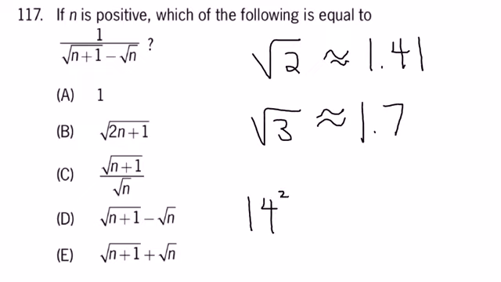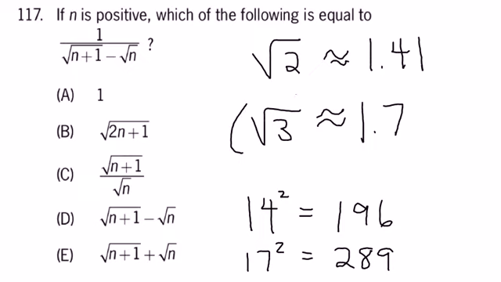It's useful to know that 14 squared is 196, and 17 squared is 289. Knowing both of those things kind of hints that, if I square both sides here, I'll get 3 is approximately equal to 2.89.